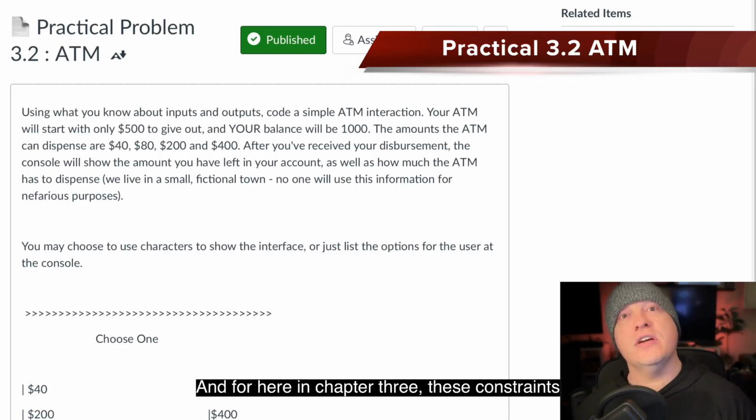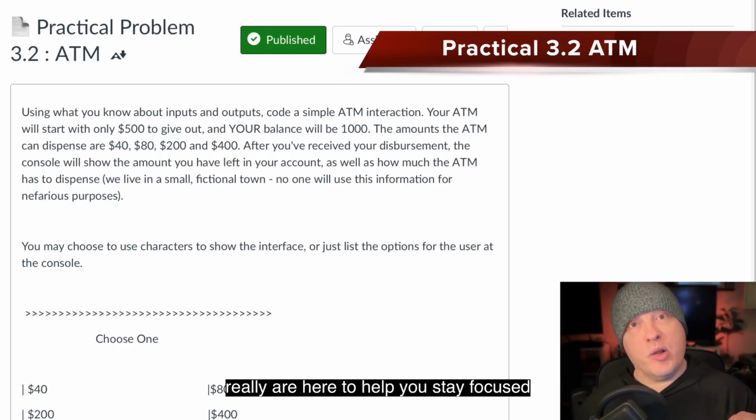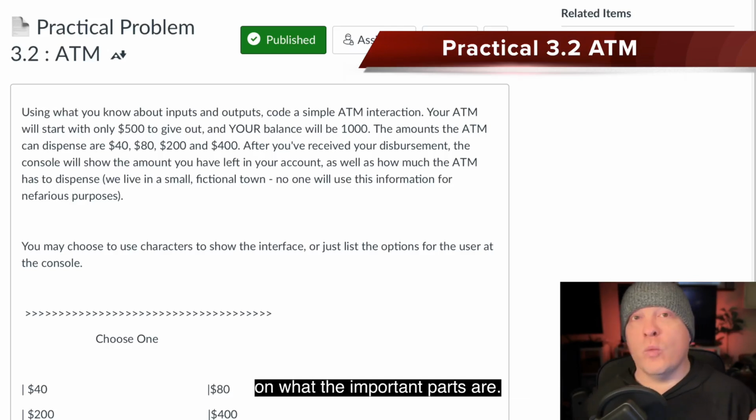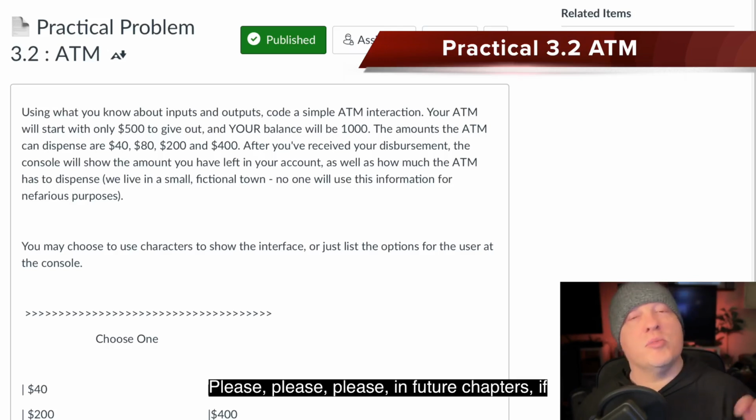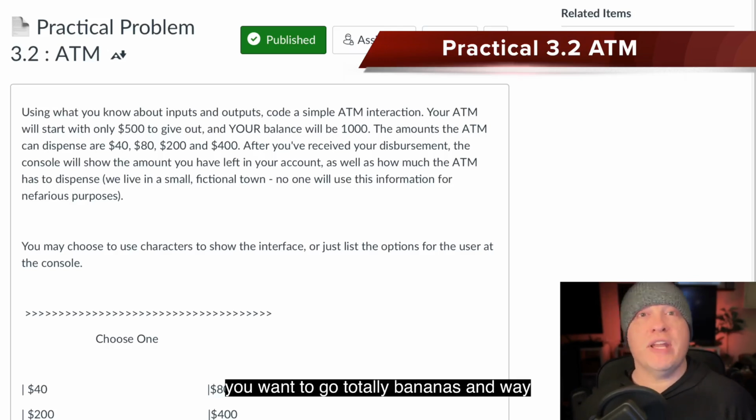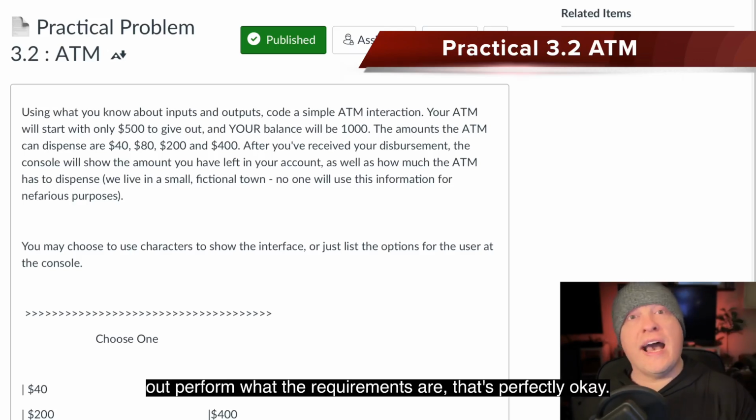And here in chapter 3, these constraints really are here to help you stay focused on what the important parts are. Please, please, please, in future chapters, if you want to go totally bananas and way outperform what the requirements are, that's perfectly okay.